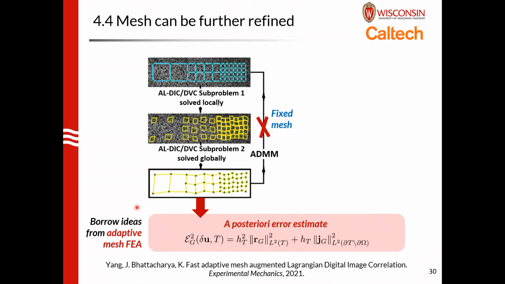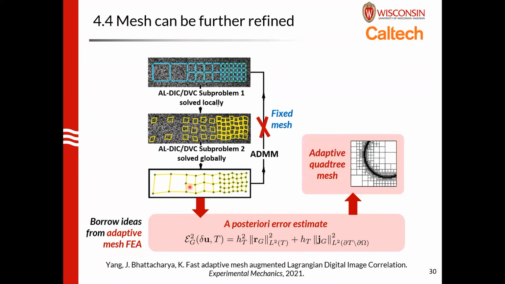I start from the image correlation functional and apply this adaptive technique. I derive the error estimate for each element, so I can find where elements have large errors, and I can further refine those elements. I can redo everything iteratively, so all the meshes can be further modified or changed based on this error estimate.